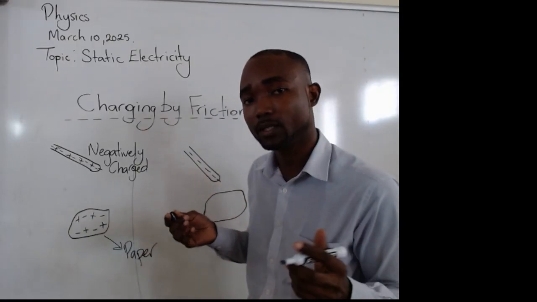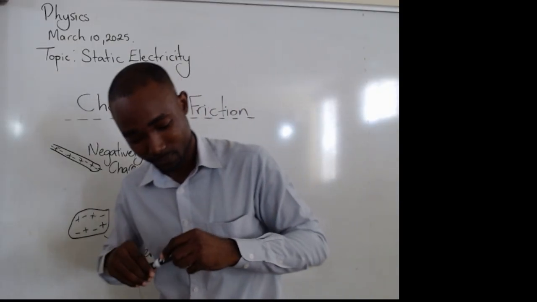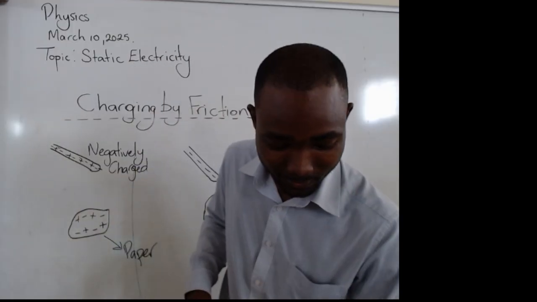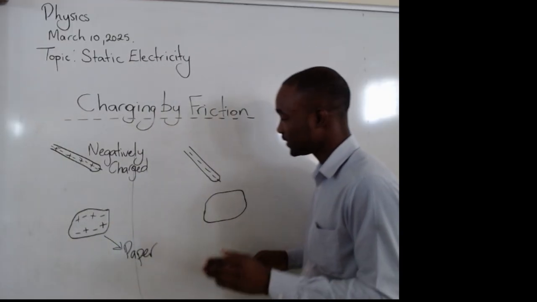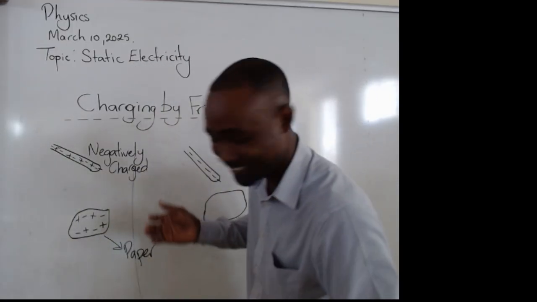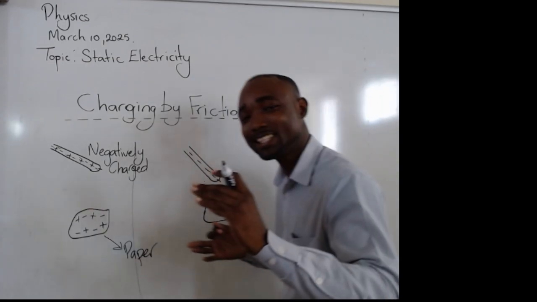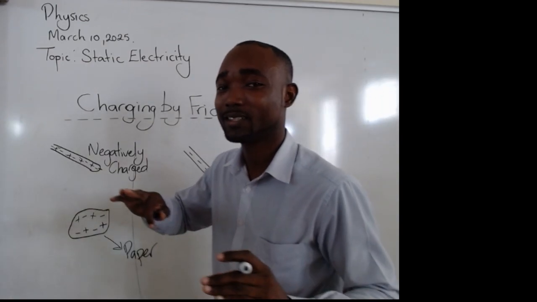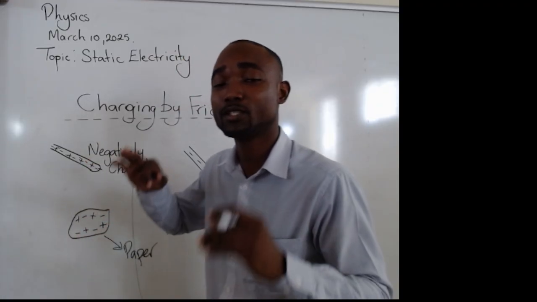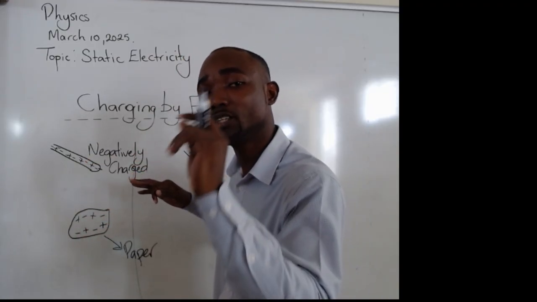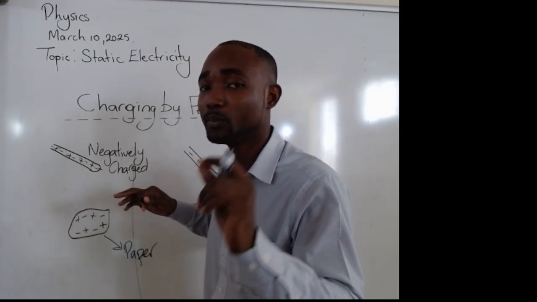What do you think will happen on the surface of my paper? Think about that. You are correct. Now, what will happen is that unlike charges will attract, like charges will repel. So the electrons would move, not the protons.